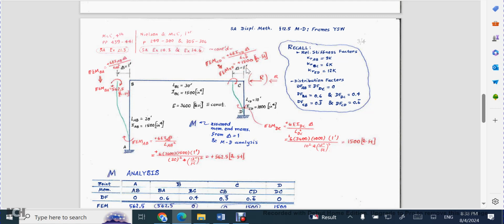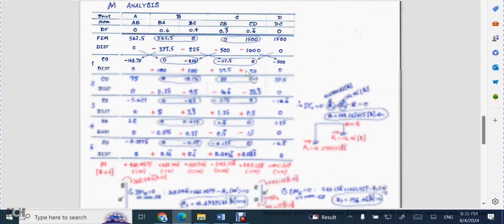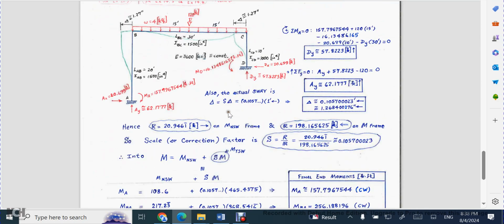That was just some arbitrarily assumed value. So to correct for that, I compute my S factor, or scale factor, or correction factor, however you want to refer to it, as the ratio of the R from the No Sidesway case to that of the double-barred R that we just showed. And if you do, you're finding that it's approximately just a little over a tenth, okay?